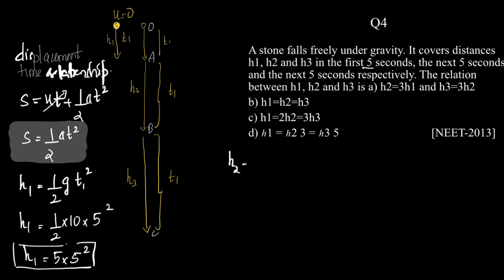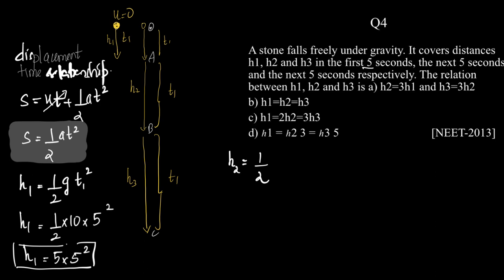Now what is h2? h2 is the distance covered in the next t1 seconds. Here we need to understand the duration of the object in the air.